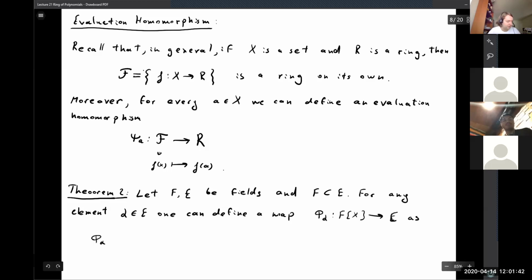So we take f, and remember that a polynomial is a formal power series where only finitely many coefficients are non-zero, right?